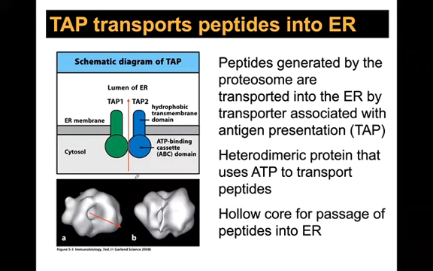And so any peptides that are generated are bound by the TAP proteins, and they're taken from the cytoplasm into the lumen of the ER. There's a TAP1 and a TAP2. I just want you to know that it's a dimer. And when the crystal structure of this was found, it has sort of a hole in it. So it really isn't a transporter. It's feeding these peptides of 8 to 10 amino acids long into the ER.